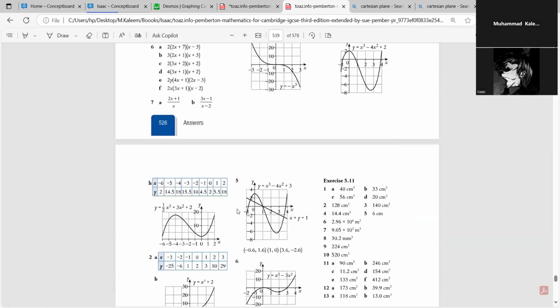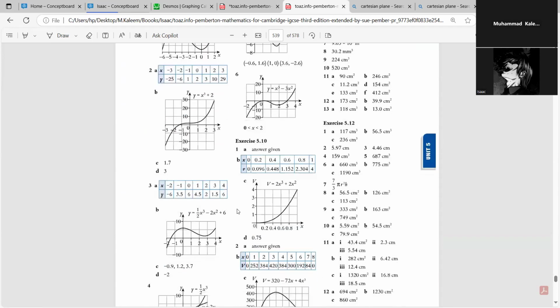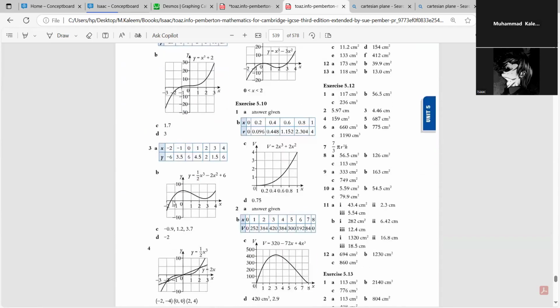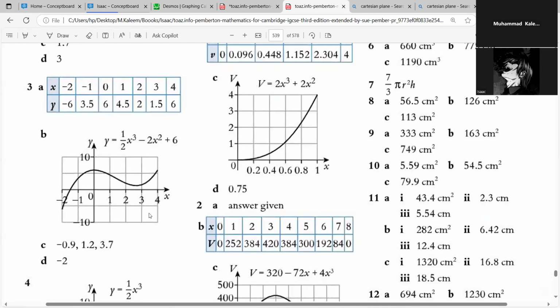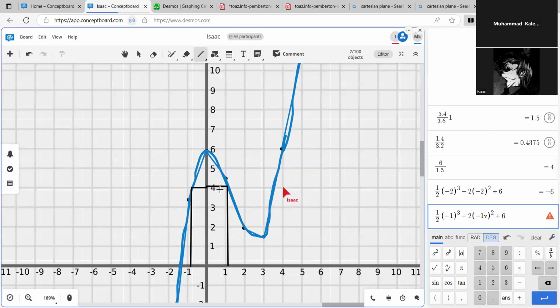Question number 3, part 2, 3. Here it is. Its graph is like this. Oh, 1.2. We got two values, but we have a 3 in it. We have to calculate this one as well. And how much is it?